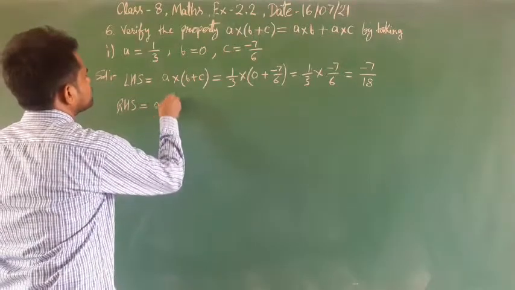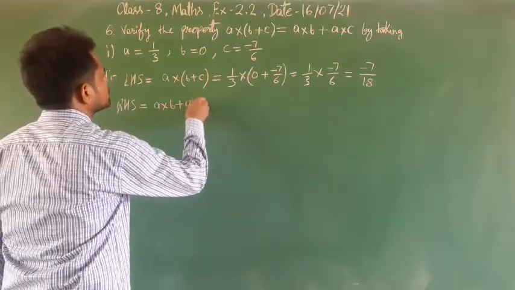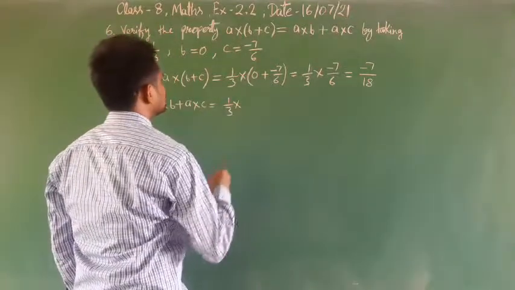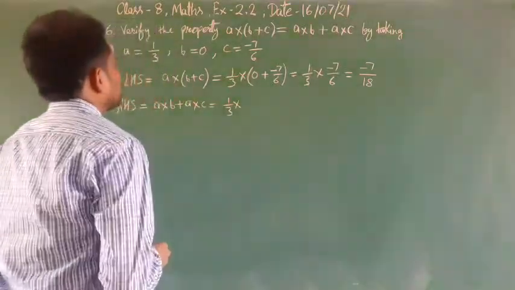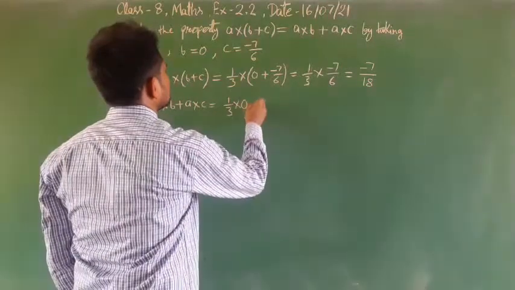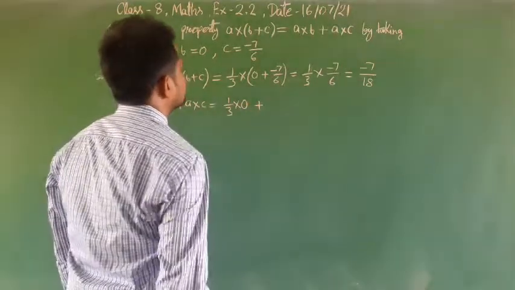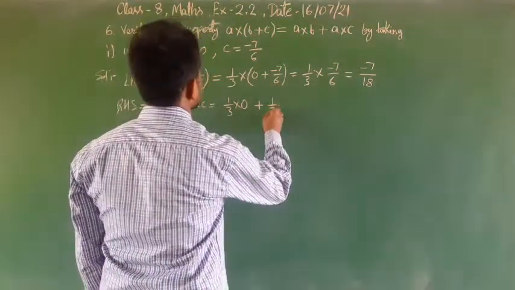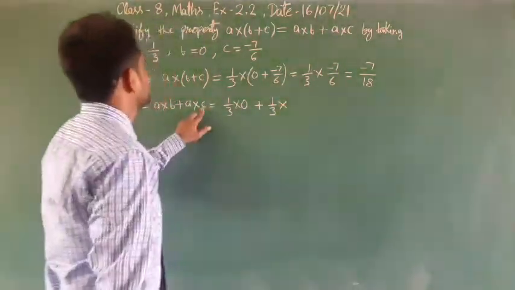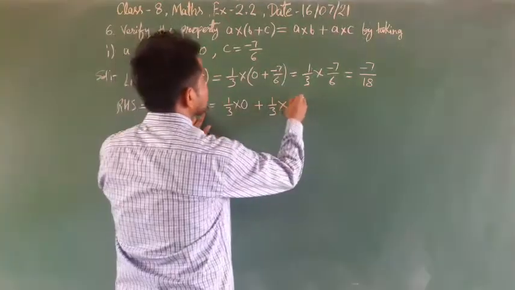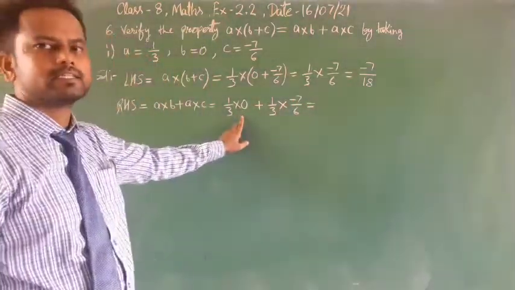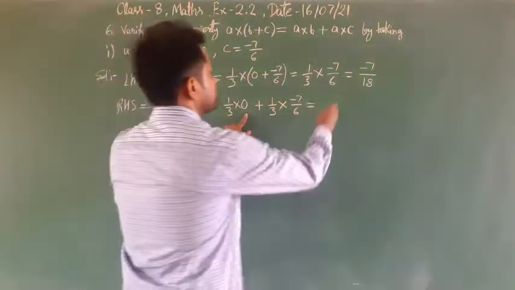that is A into B plus A into C. It means 1 by 3 into 0 plus 1 by 3 into C, that is minus 7 by 6. If we multiply any rational number by 0, then we get 0.